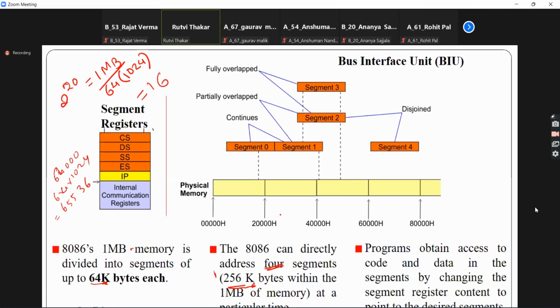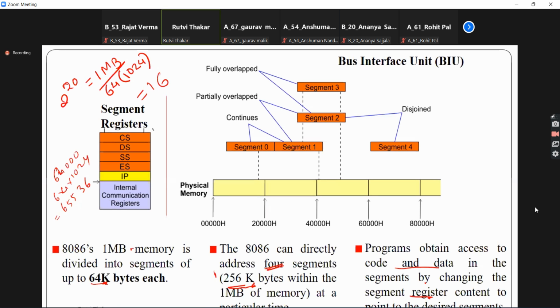If I don't have data at all, I can increase my code segment memory. If I have more data, I can use the stack segment as well as the extra segment. So every program has access to code and data memory by changing the segment register contents.